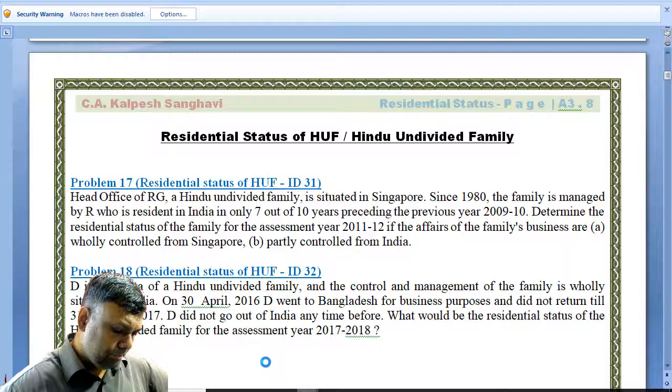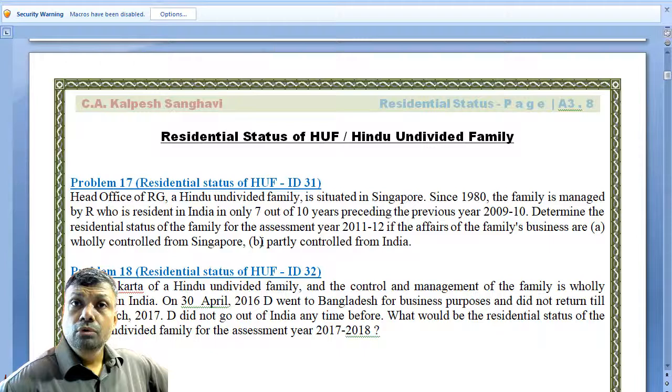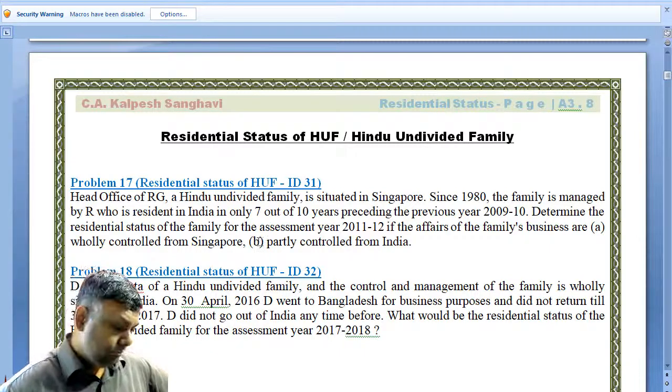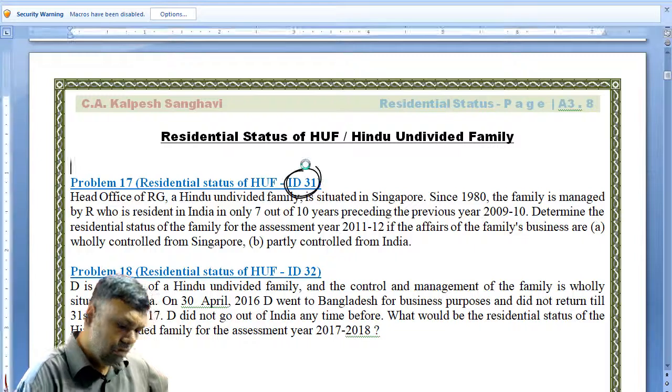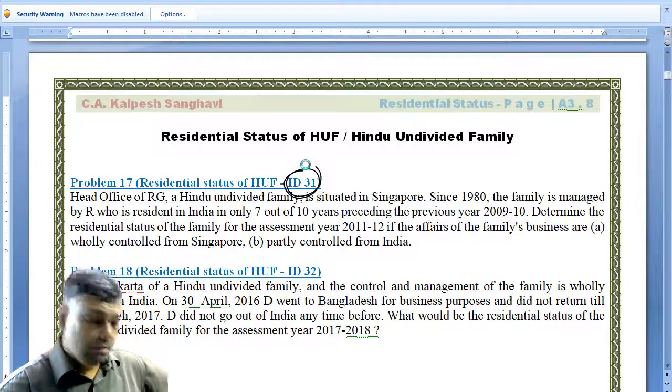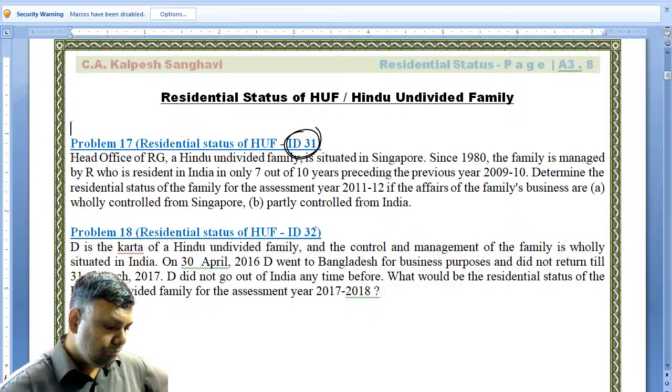Let us go to the question now. Friends, come to this particular page. Let me read the question. Question ID number 31. Head office of the RG, a Hindu undivided family, is situated in Singapore.